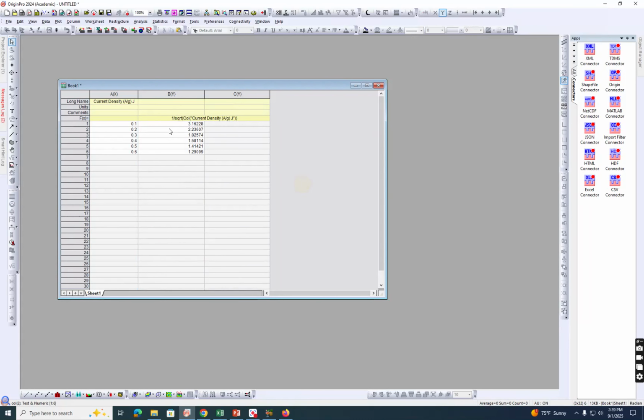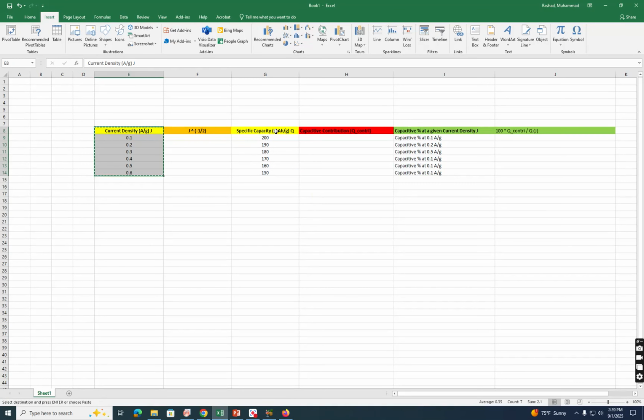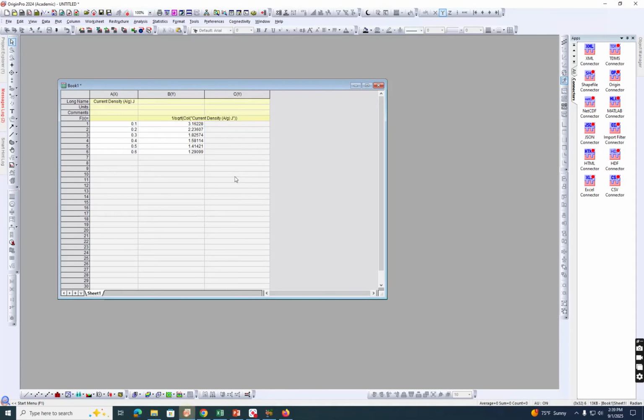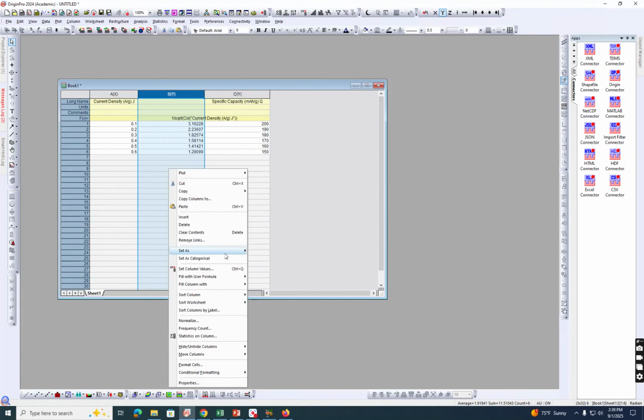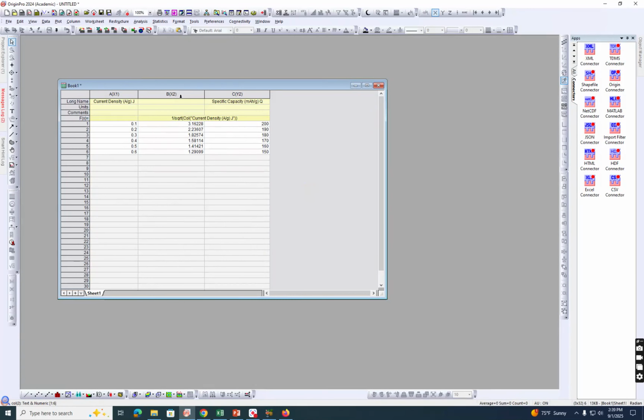So now we got this 1 over square root of our current density. Then we can insert the values of specific capacities, copy and paste here. Okay, now we need to draw a graph between these. So let's make it the x-axis. Then draw a simple scatter graph.